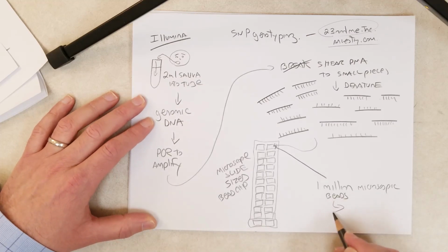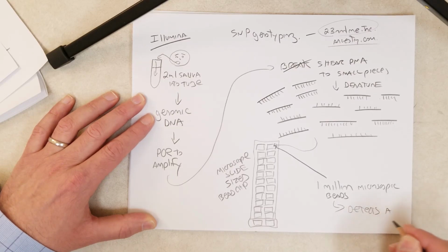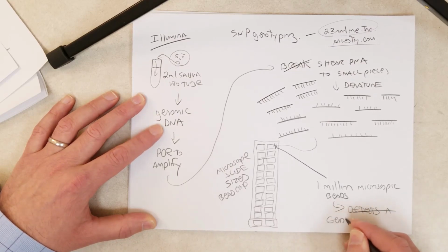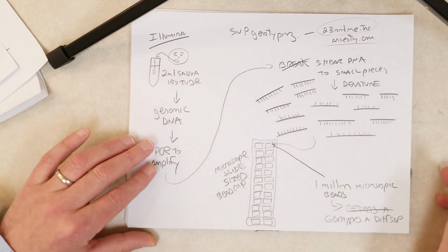And each bead genotypes a different SNP. So each bead genotypes a different SNP. Okay, so how does that work?